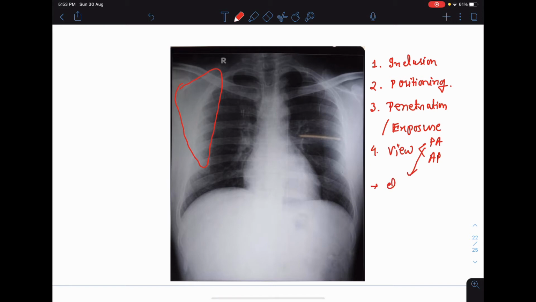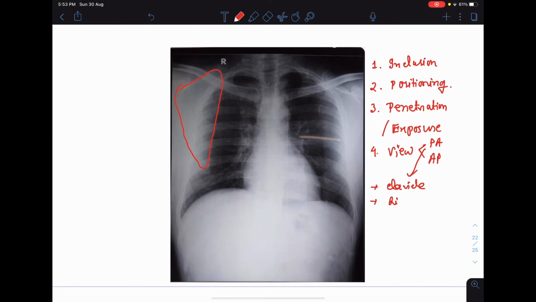We can know from the position of the clavicle, then from the ribs, then from the scapula, and also from the heart. So these are the 4 points to differentiate between the PA view or AP view.